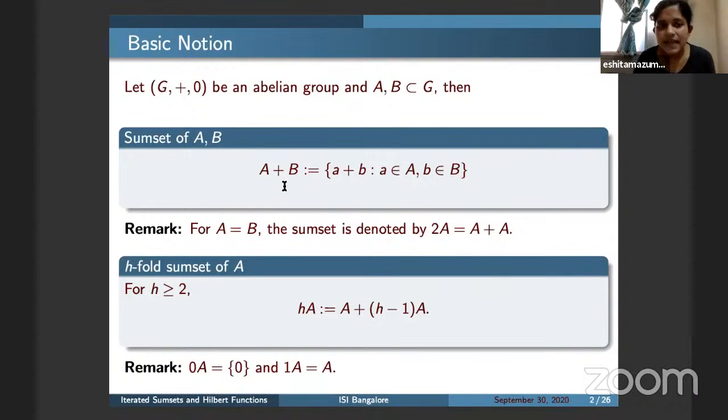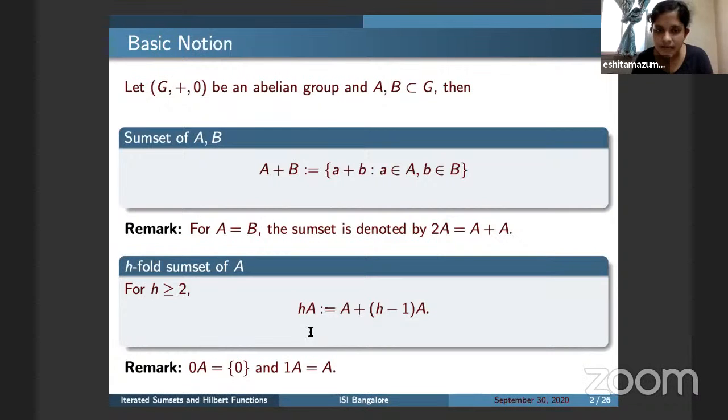If it happens that A is equal to B, we denote this subset as 2A. And in general, when h is greater than or equal to 2, we define hA as A plus (h minus 1)A.